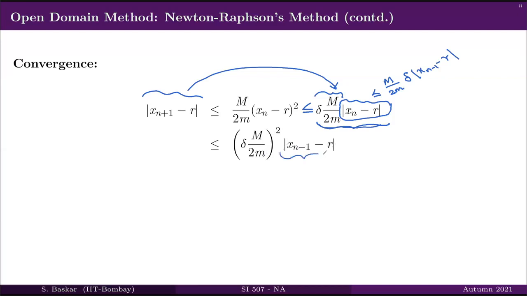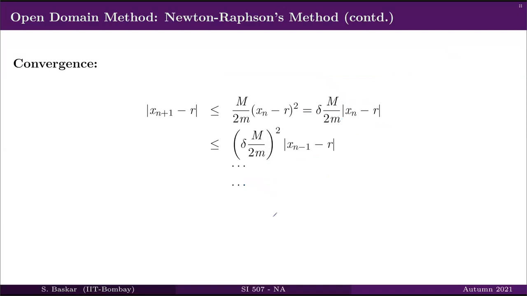Again, apply the same inequality to this term and get this is less than or equal to delta into m by 2m, the whole square. Then one more term will come from here, therefore the whole cube, mod xn minus 2 minus r. Now you continue this till the end, and at the end you have delta into m by 2m, the whole power n plus 1, into mod x naught minus r.